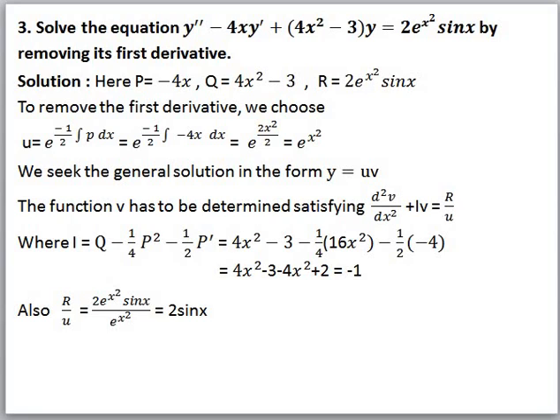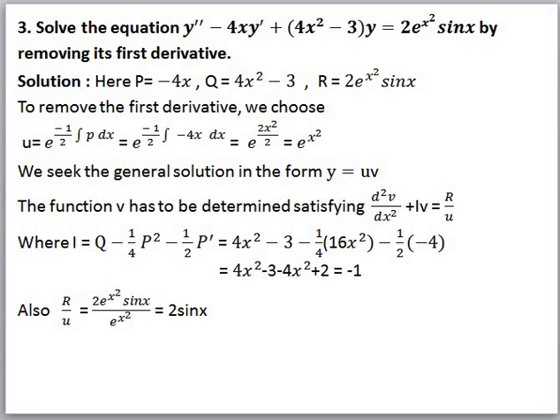The function v has to be determined satisfying d square v divided by dx square plus I into v is equal to r divided by u, where I is equal to q minus 1 by 4 p square minus 1 by 2 p dash. That is q, which is 4x square minus 3, minus 1 by 4.